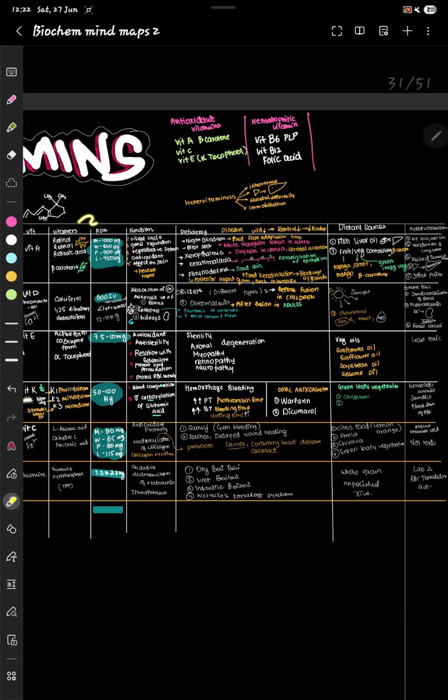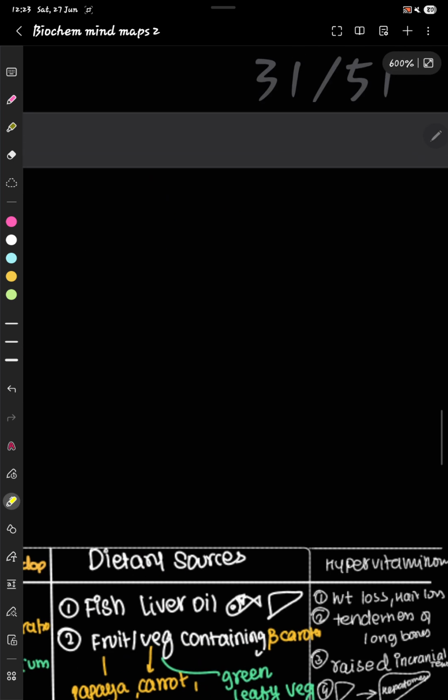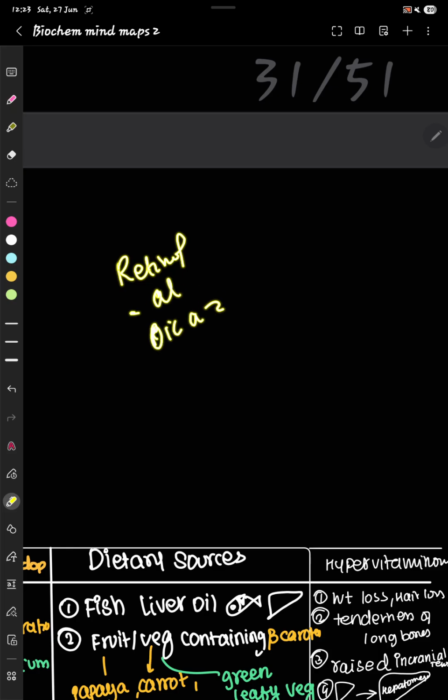The forms of vitamin A are retinol, retinal, and retinoic acid. And the other one is beta carotene.